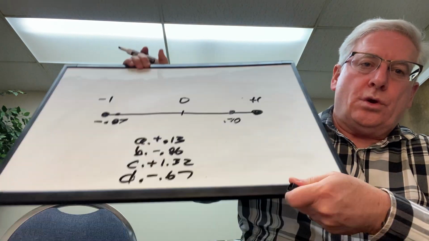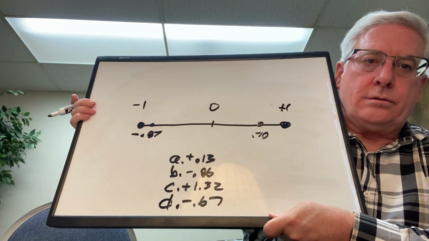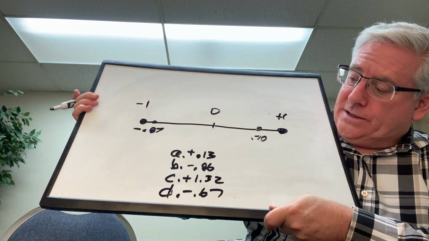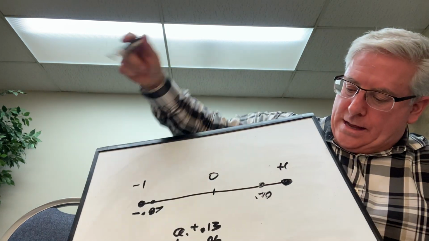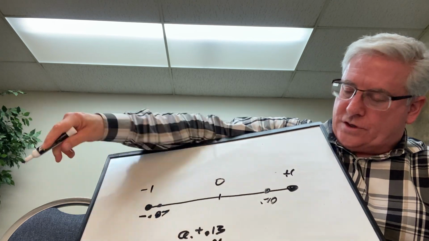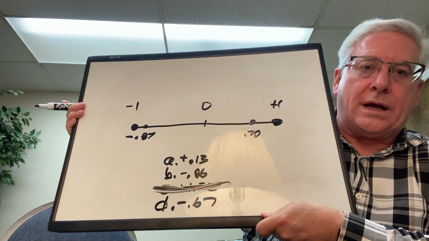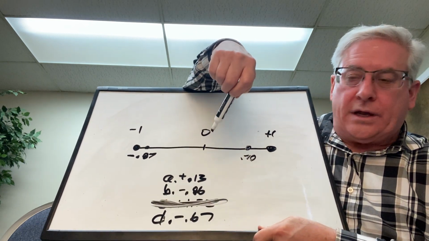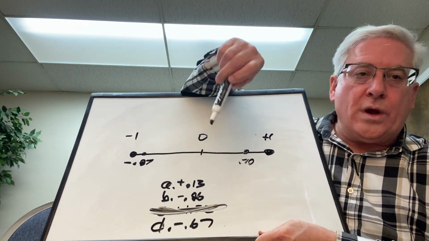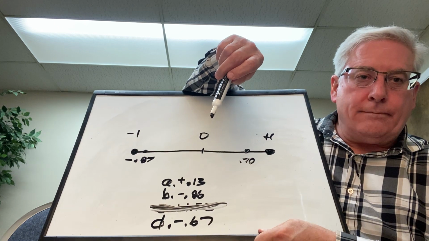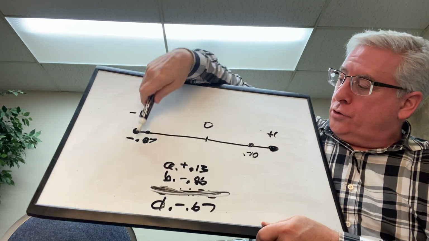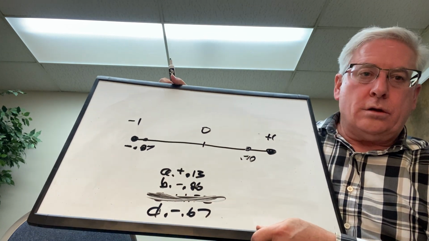Which one of these would be the strongest correlation? Well, many of you all of a sudden said positive 1.32. Well, no, that is not a correlation coefficient. It's not between -1 and +1. Which is the one that's furthest away from 0 from the remaining 3? Well, that's going to be negative 0.86. Okay? So the further away from 0, the stronger the correlation. The closer to 0, the weaker the correlation.